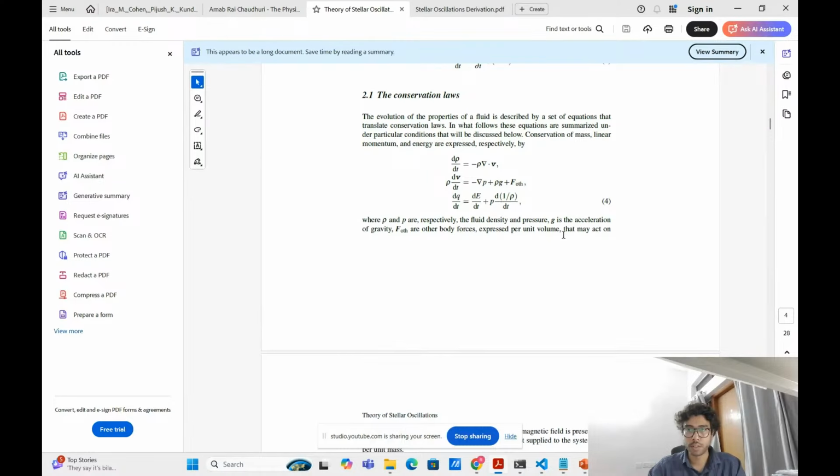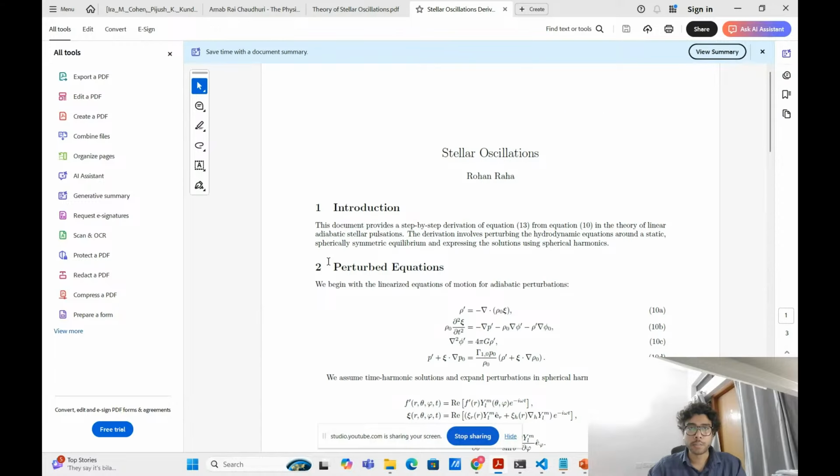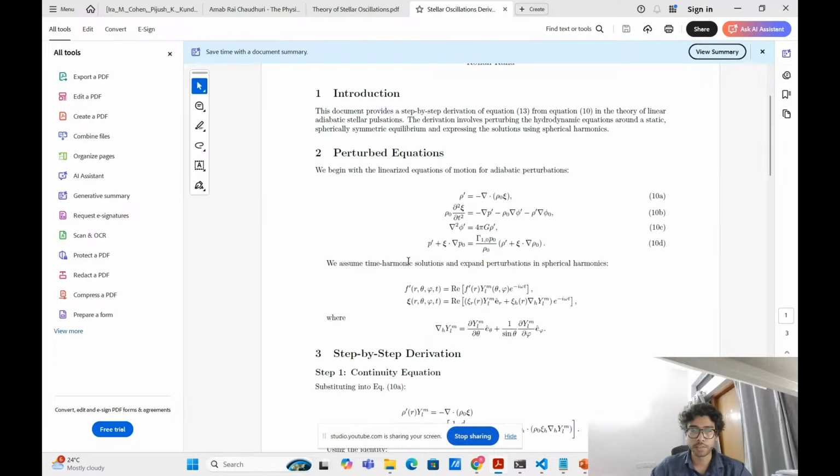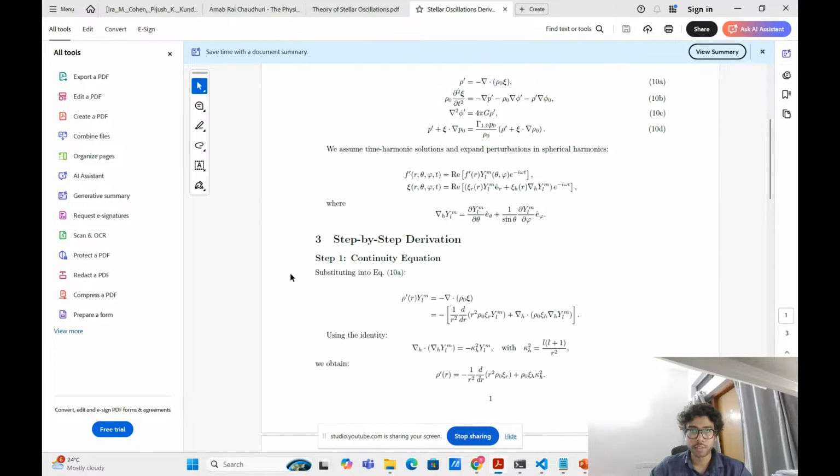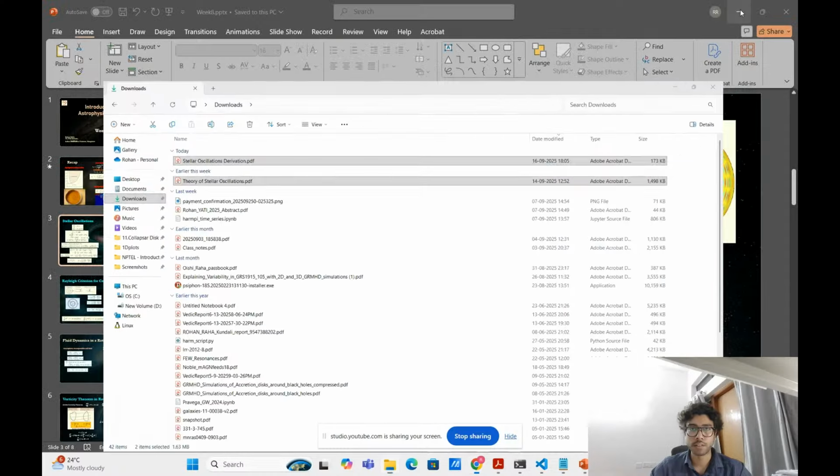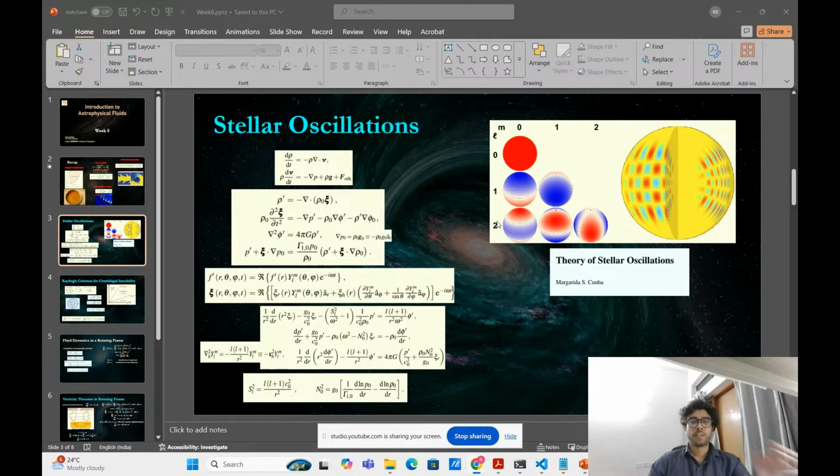It has the equations, and this is a 28-page material, and separately I have made another document which I will also share, and this contains the explicit derivation. These derivations are pretty lengthy, so I will share them rather than go through them in the lecture right now.